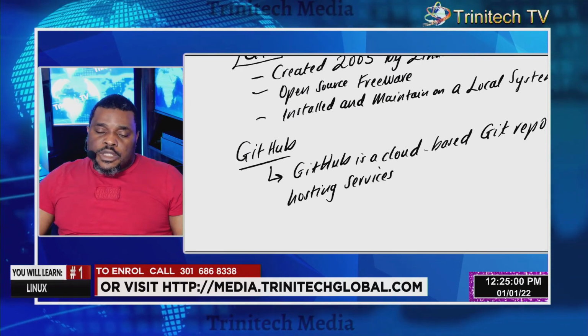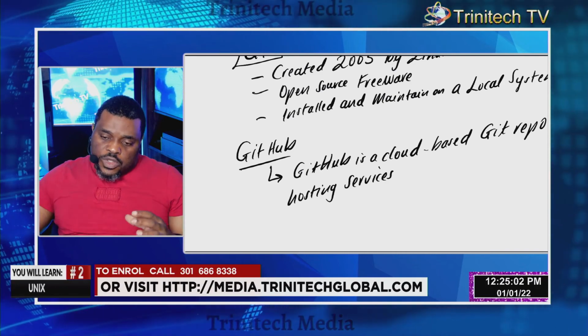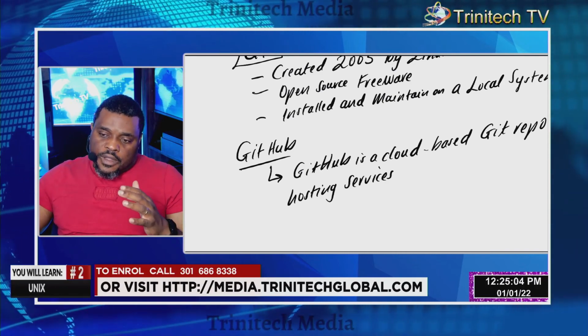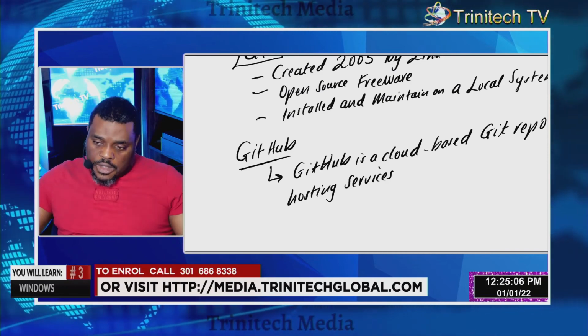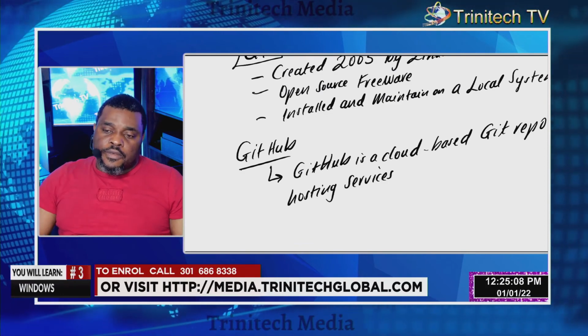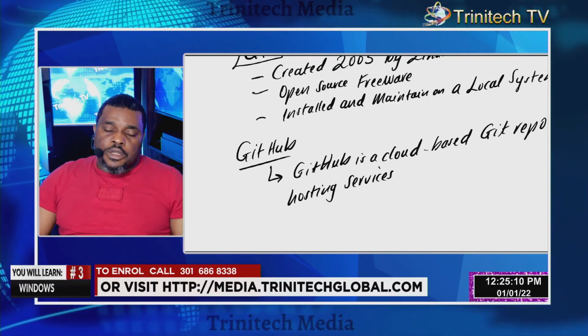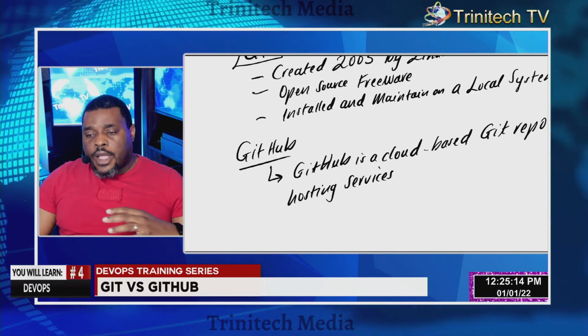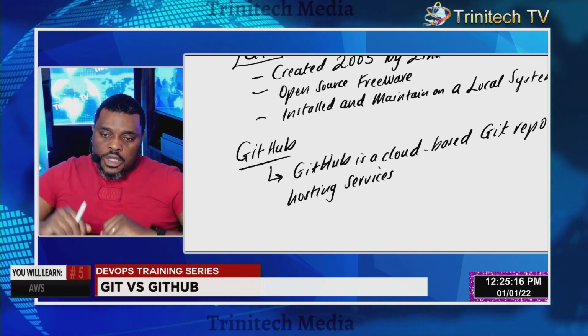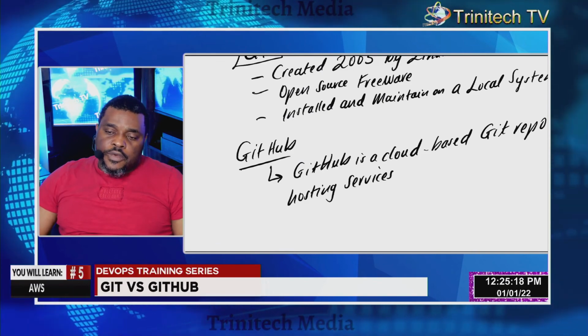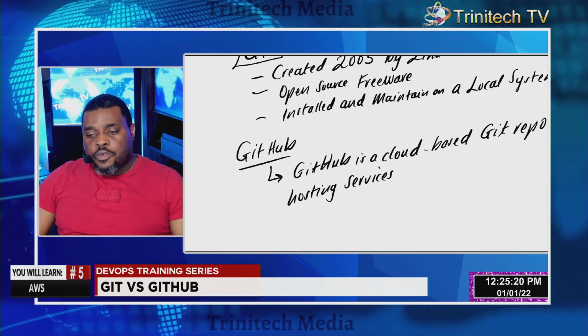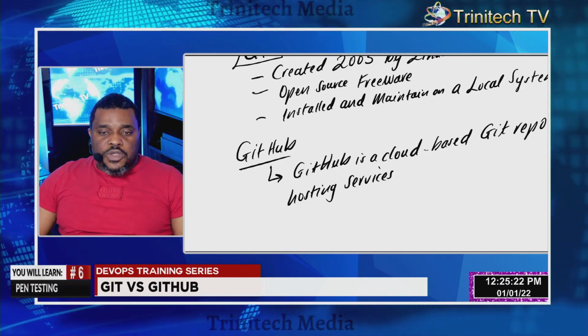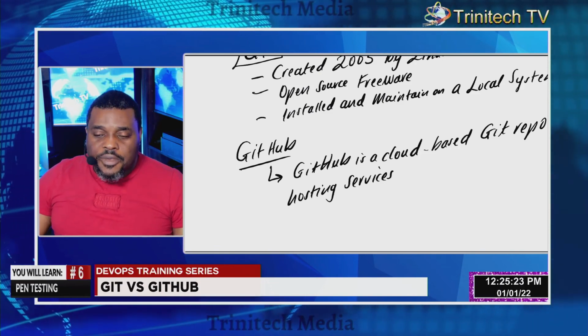That makes it easy for the distributed feature of GitHub, where lots of people can work on that repo. People can pull information from that public repo down to their local repo, and can also push information from their local repo to the public repo. So that's what you need to know about Git and GitHub.